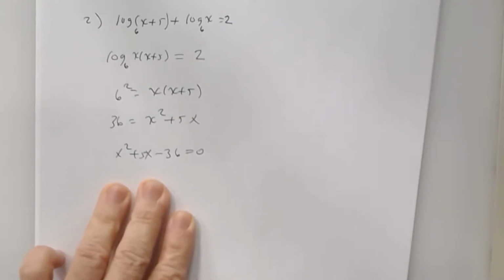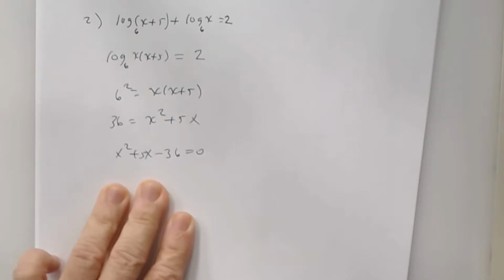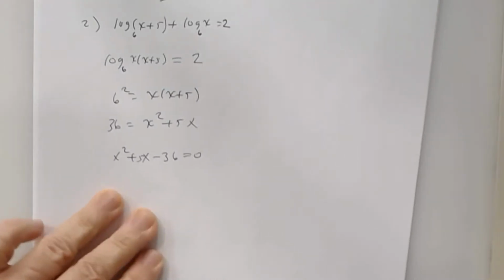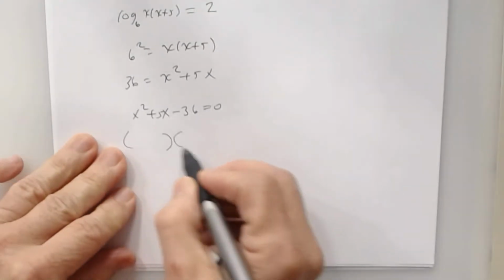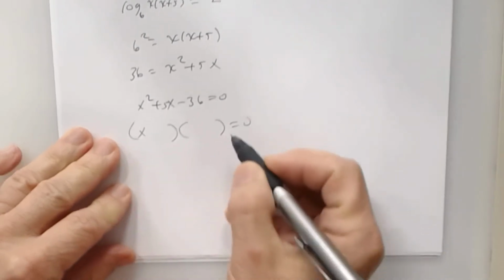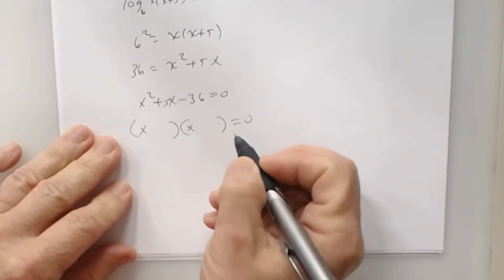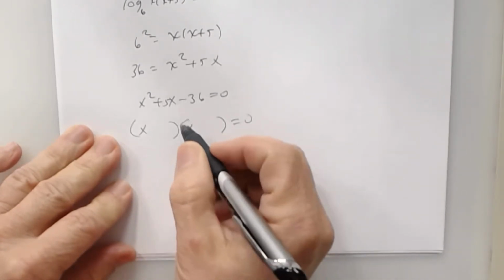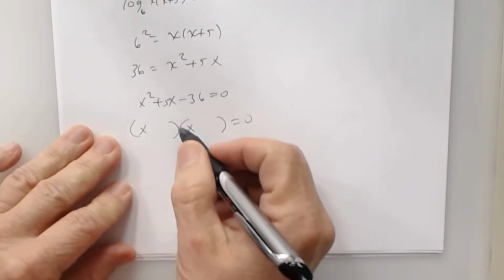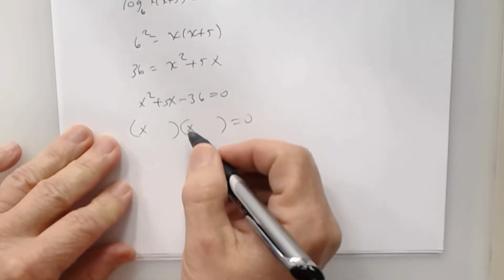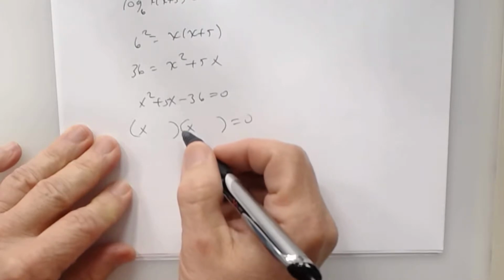Now some of you still don't know how to factor though. So in that case, you would have to use the quadratic formula. But what is this factored? x inside. There's 6 and 6, but that's not going to work. 3 times 12. 9 and 4.